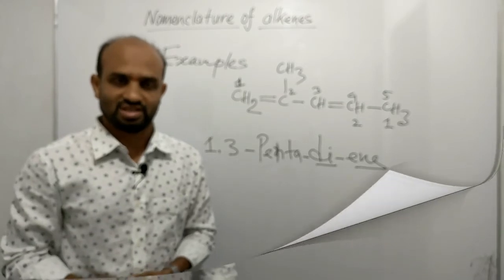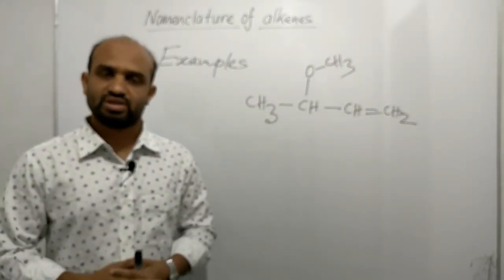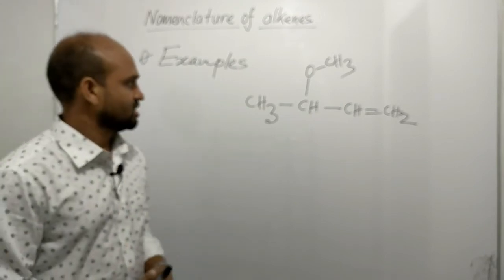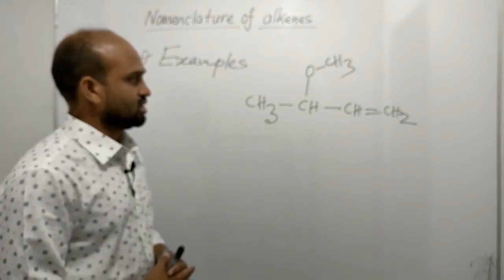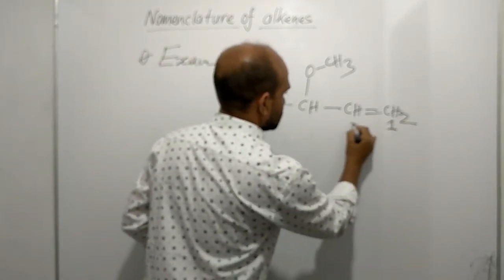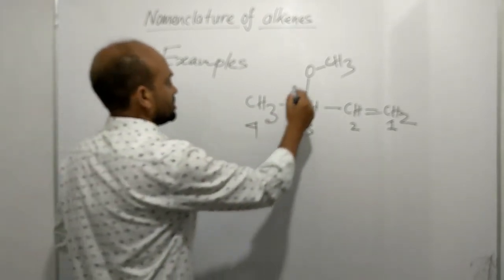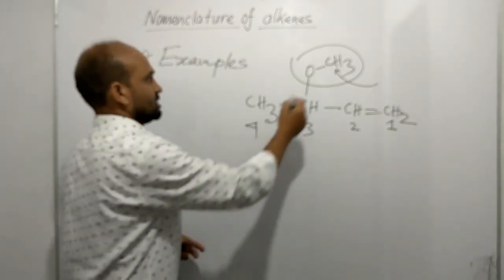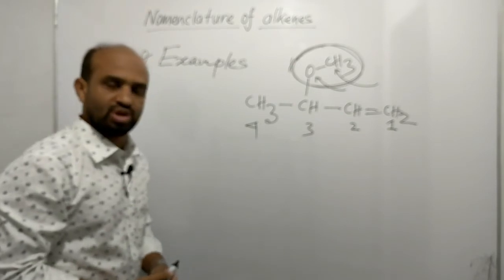Let's see another example. My dear students, now we will see a compound which is a bit different, where oxygen is present. Let's see. First of all, the carbon atoms of this compound are numbered, and here it is started 1, 2, 3, 4. With carbon 3 there is a group, we all know it is methyl group and this is oxygen. Now the name of this group will be methoxy.